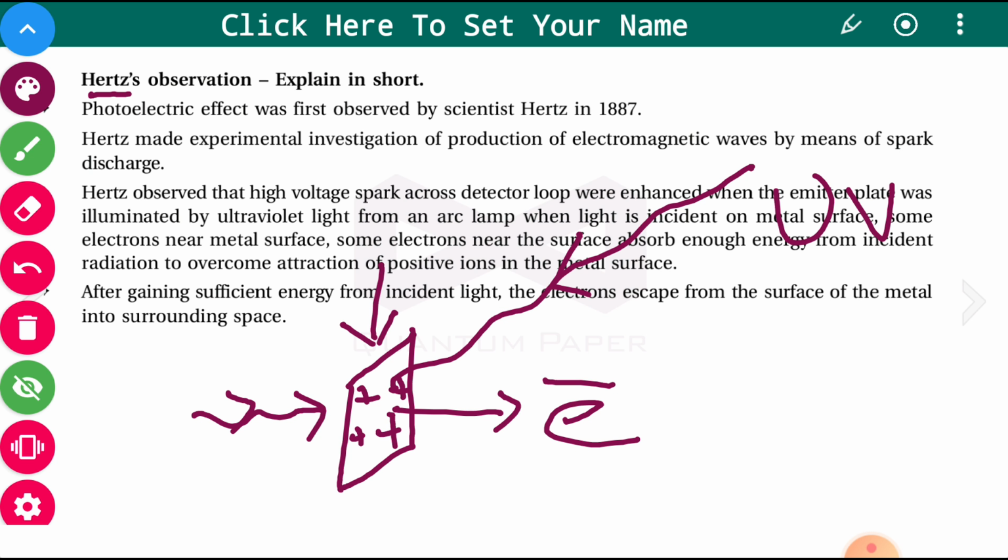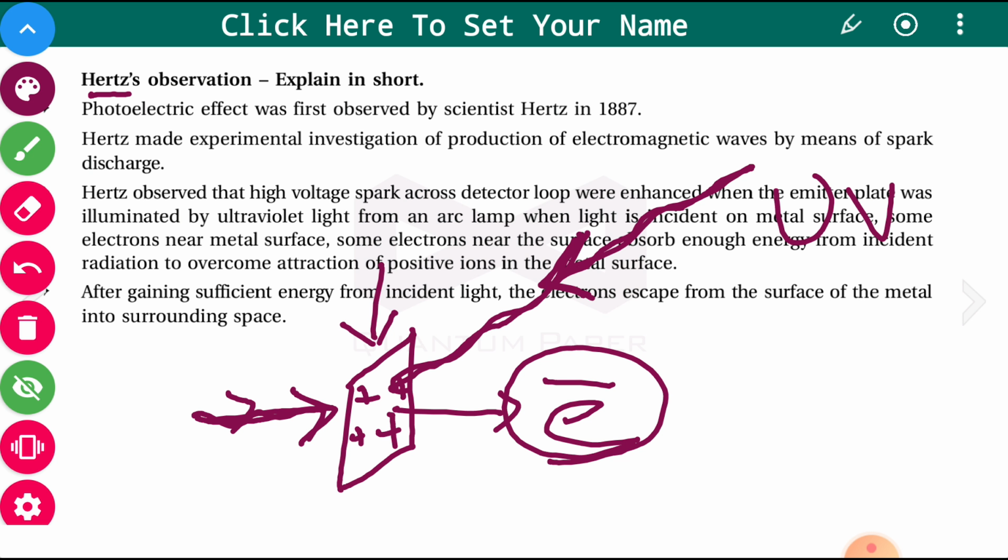He observed that whenever ultraviolet light fell on the metal plate on the receiver side, it was losing electrons, and because of that the wave reaching here showed unusual behavior.